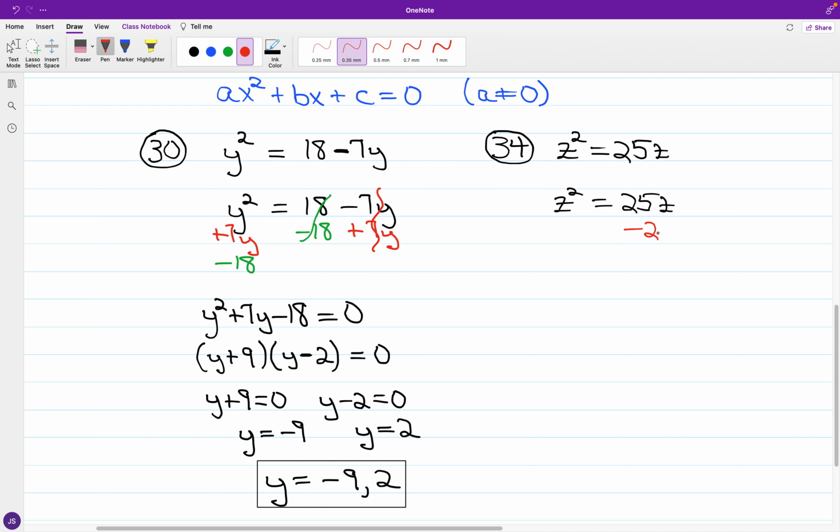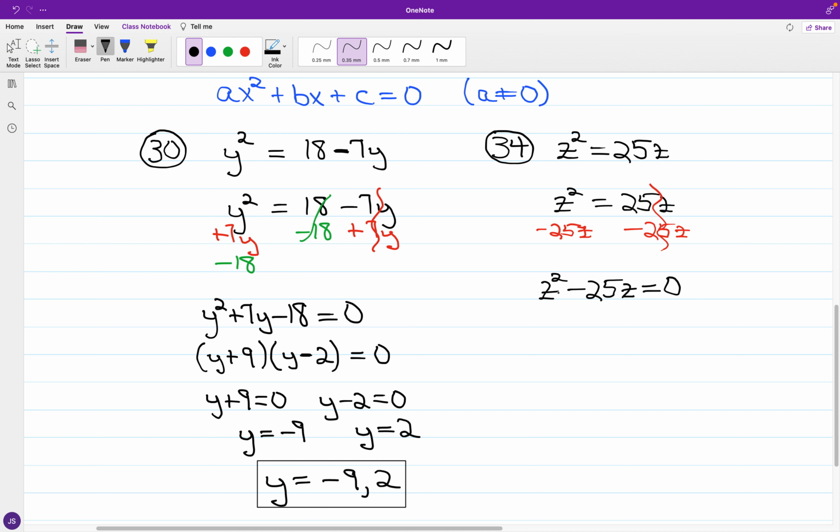And so what I can do here is just move the 25z, so we have, with subtracting, in the setup, now we got z squared minus 25z is equal to 0.